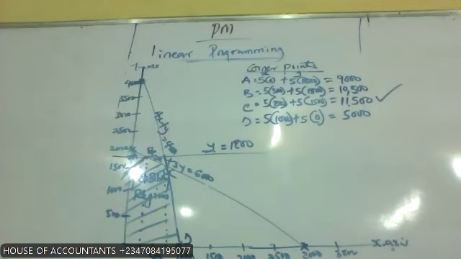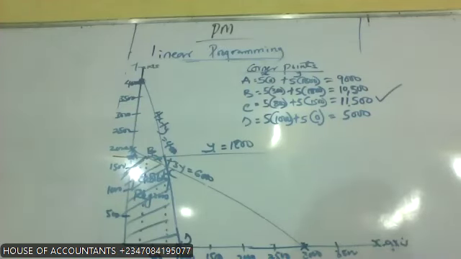Therefore, the company is advised. The optimal point is point C, with 11,500 contribution.